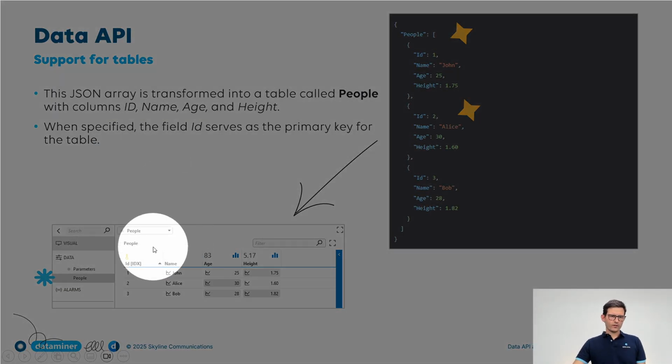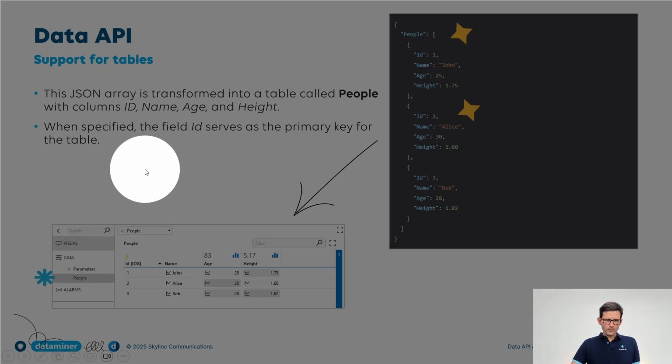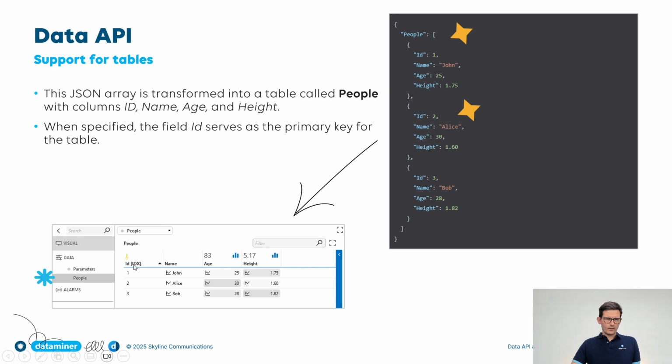We're going to have a table called people. That table is going to have 3 rows with an ID, a name, an age, and a height. The ID field that we have in the JSON array, if that's specified, will be used as the primary key in the row. So as you see here, 1, 2, 3.